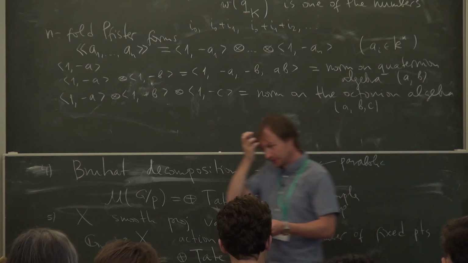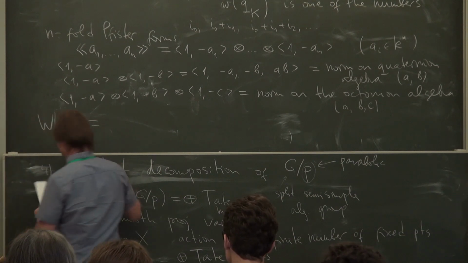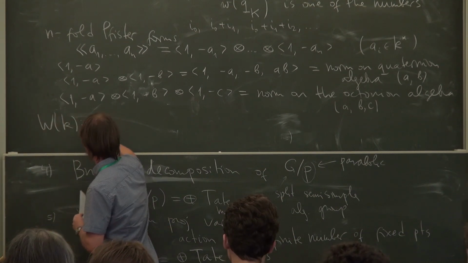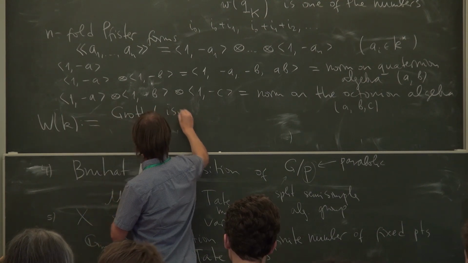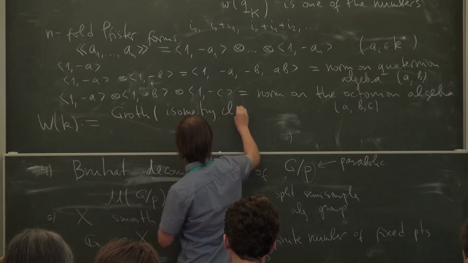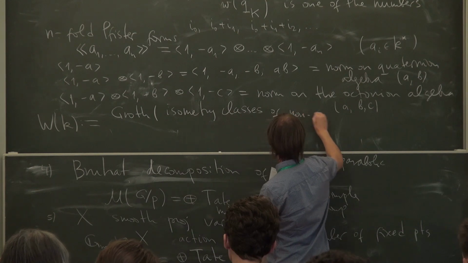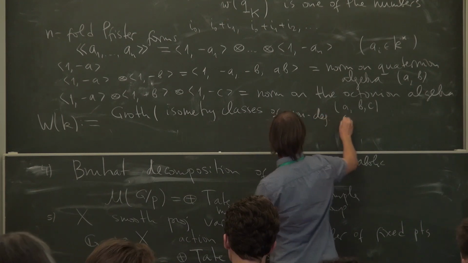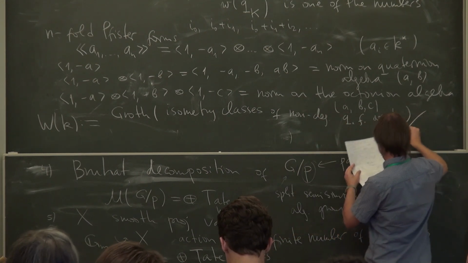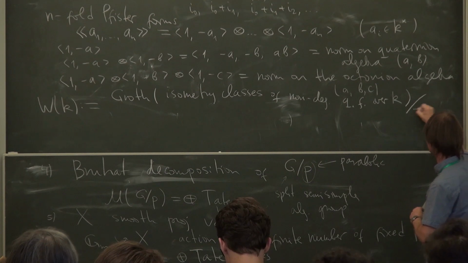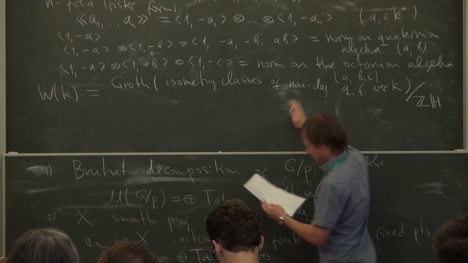Also we will need the Witt ring of K, which is again just one line to define. The Grothendieck group of isometry classes of non-degenerate quadratic forms over K modulo hyperbolic planes, the ideal generated by hyperbolic planes.